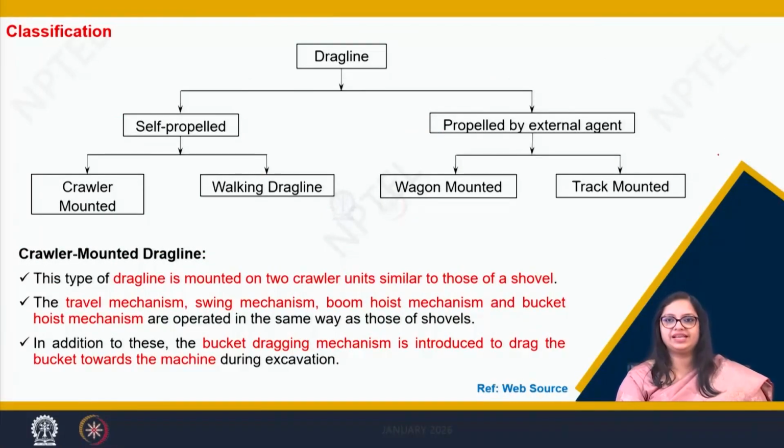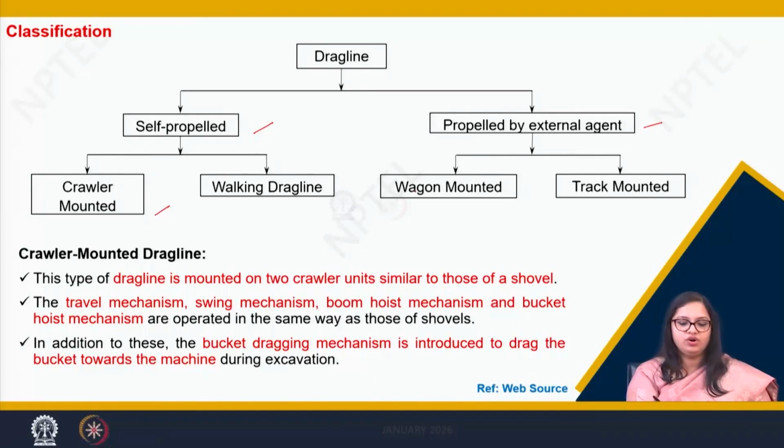Now, coming to the classification of a drag line. It can be either self propelled or propelled by an external agent. When we talk about a self propelled drag line, it can be crawler mounted or it can be a walking drag line. We will discuss in detail the crawler mounted and walking drag line.